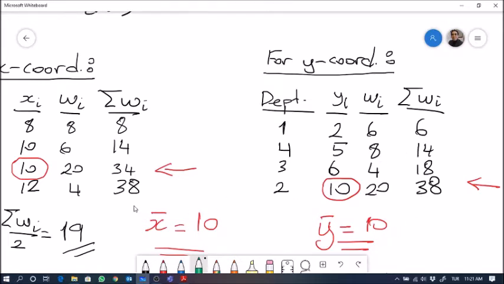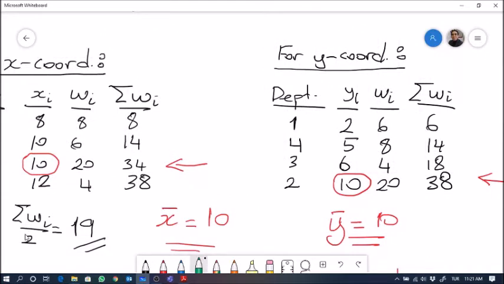So we are going to again check half of the cumulative weights, which is 19 again, and compare it to the right hand side column, the cumulative weights, to find when this value is equal to or more than 19 for the first time. So 6 is smaller than 19, 14 is smaller than 19, 18 is smaller than 19, 38 is greater than 19.